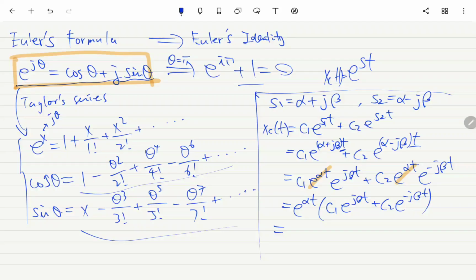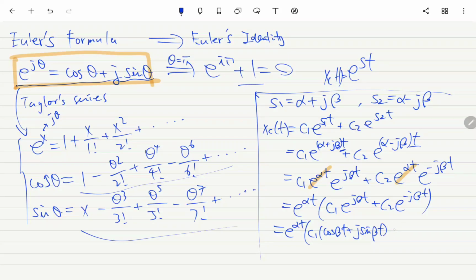Here we need to make use of Euler's formula. So e^(αt) will be the same, and then C1 e^(jβt) will be cosine of βt plus j sine βt.